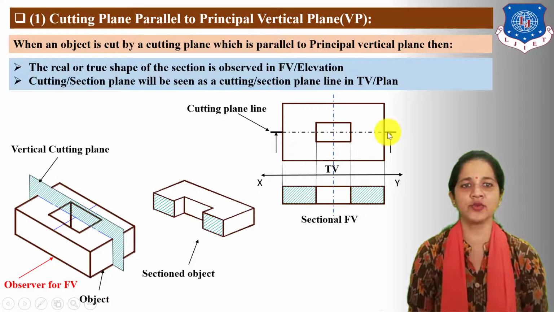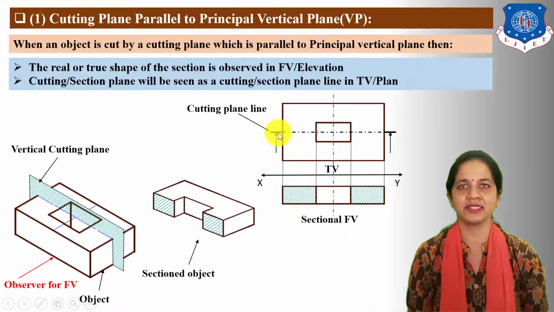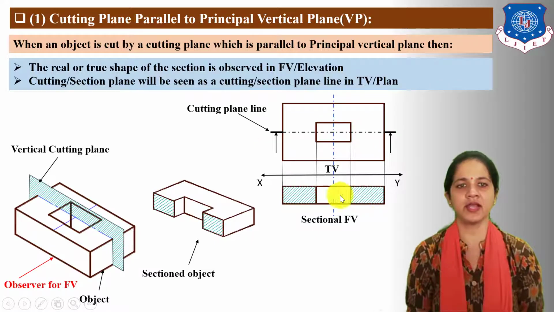Here you only need to show the cutting plane line as a center line, and the ends of this cutting plane line are drawn thick with observer arrows for the front view. Now the direction of arrows for the front view is upward.